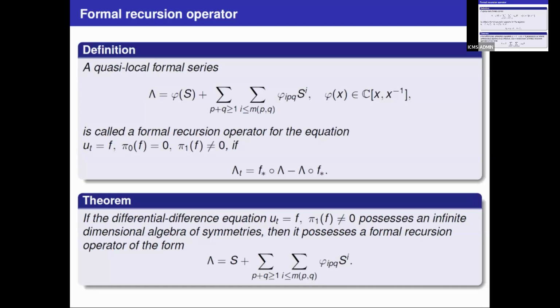What is being done is that the coefficients of the formal series solving this equation can be found explicitly, formally, in terms of symbols of our equation f star. And then all we need to do is verify that these coefficients belong to the appropriate algebraic extension.